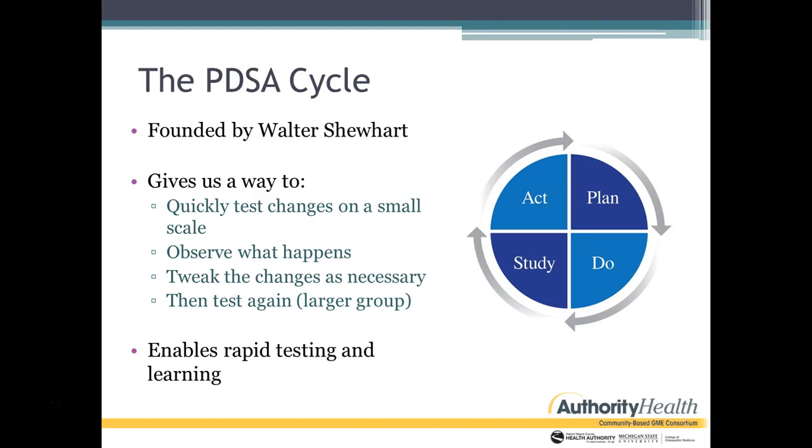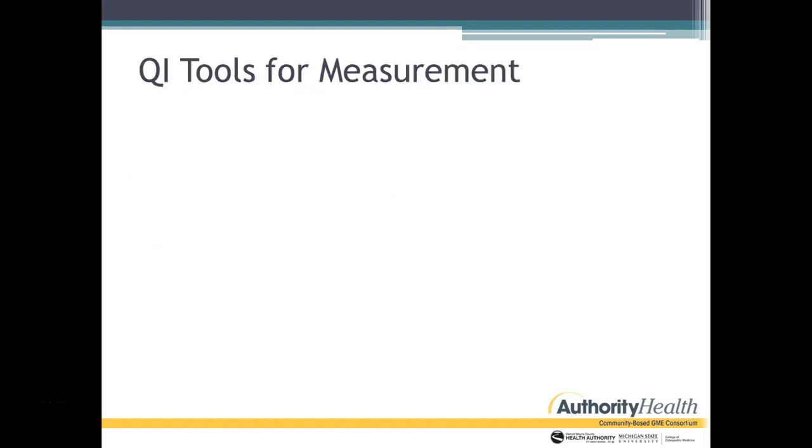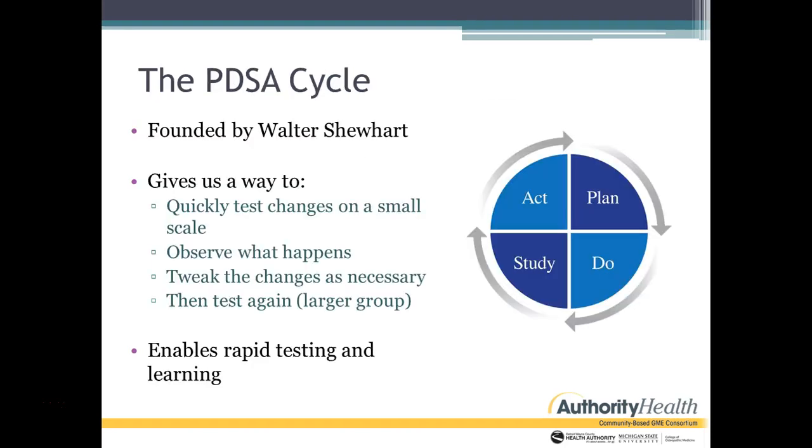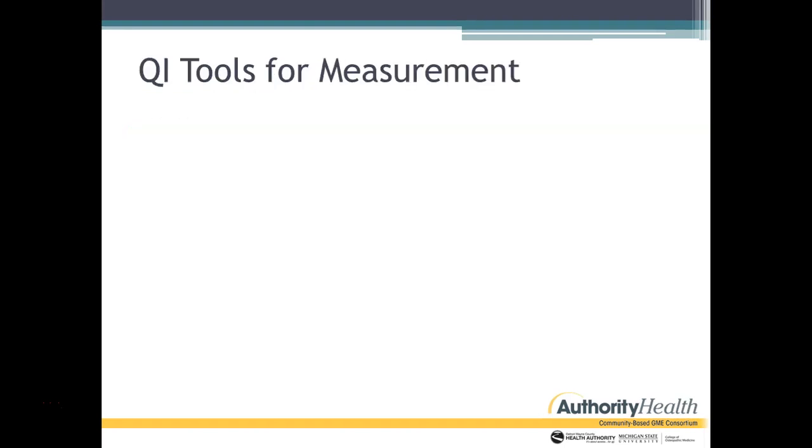Acting: if the results reach your target aim and the process is working well, then you can implement it. But if it hasn't quite reached the target goal, you would go back and plan a second PDSA cycle, basically. And I didn't mean a second aim, I meant a second PDSA cycle. All right, let's move on.